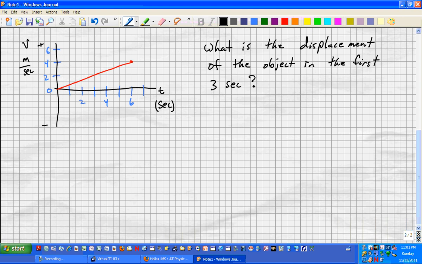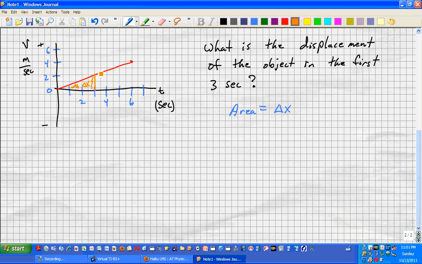So again, the area underneath the graph, area is equal to the change in position. So I'm going to go to my 3 seconds here. 3 seconds. This is my change in position in here.